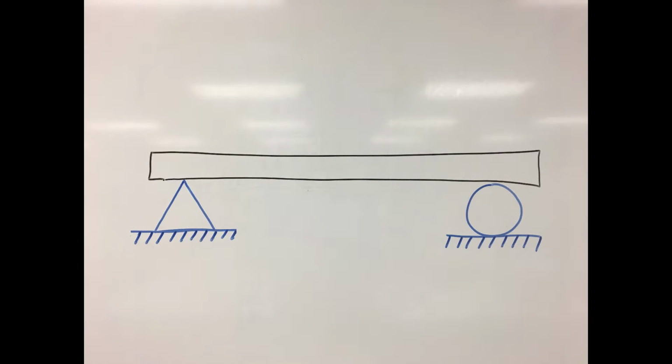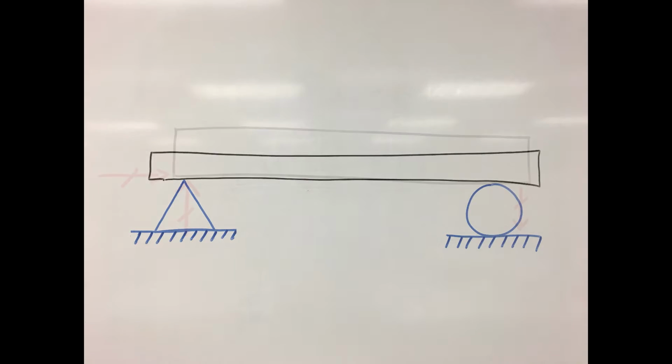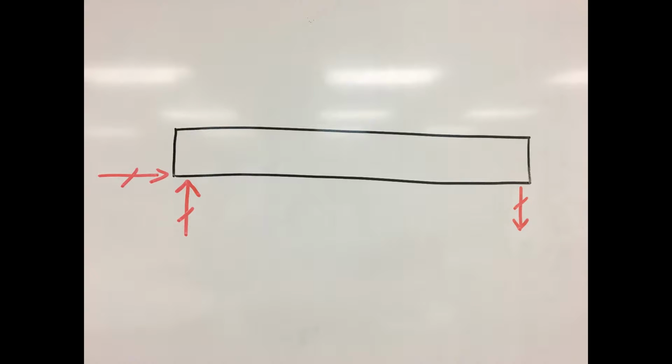Back here at our simply supported beam diagram, we need to now replace the fixed or the pin connection point and the roller connection point with reactionary forces. When drawing your reactionary force arrows, it doesn't matter which way the arrowhead points. Our formula, if it comes out to be a negative answer, will tell us that our assumption is wrong.